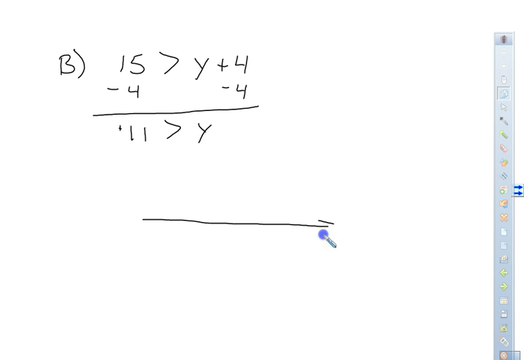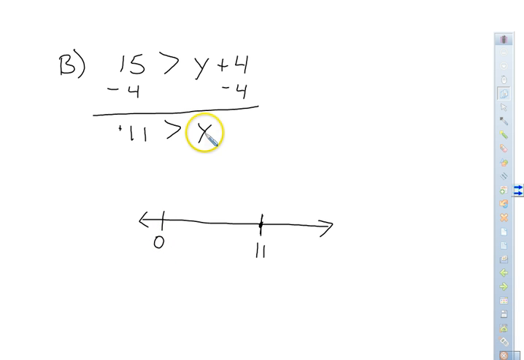If we were to graph this on a number line, we have to start with the variable, and say y is less than 11, or you can say 11 is greater than y. You can look at it either way. This point right here is 11. This point is 0.